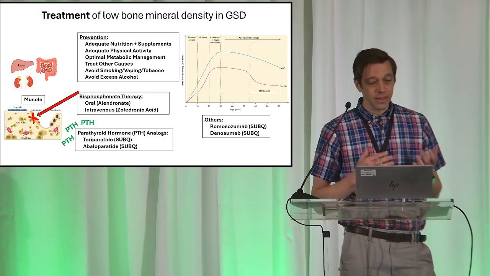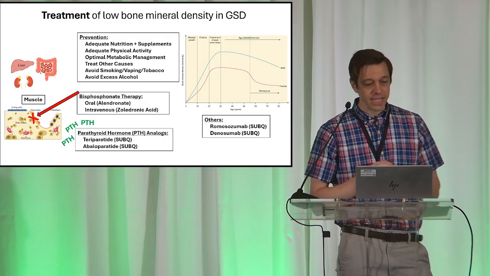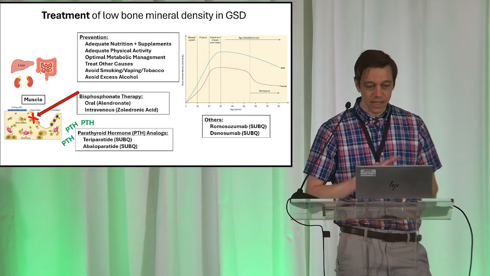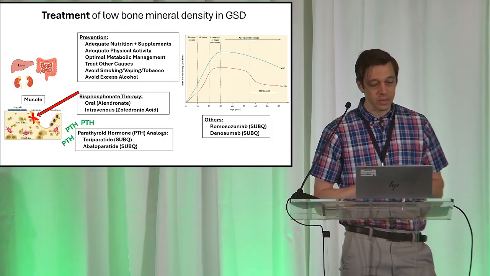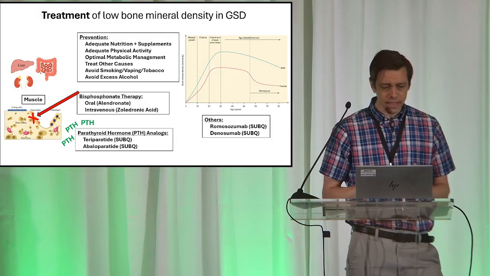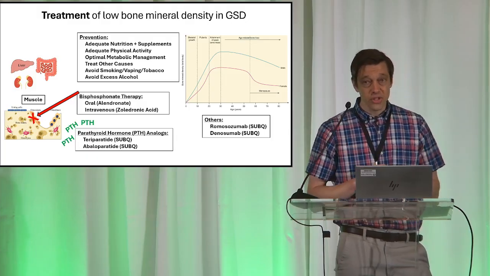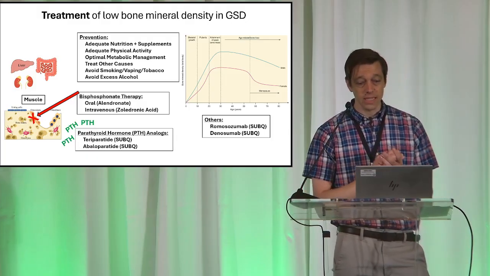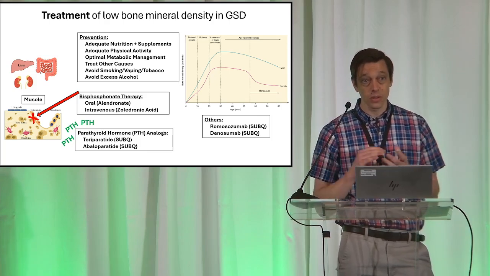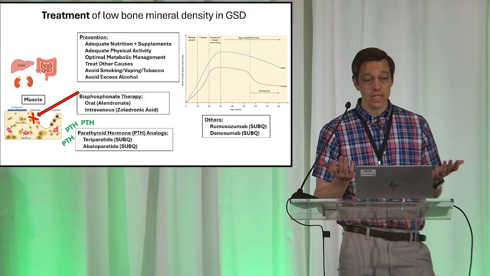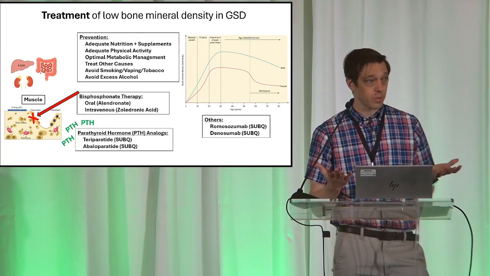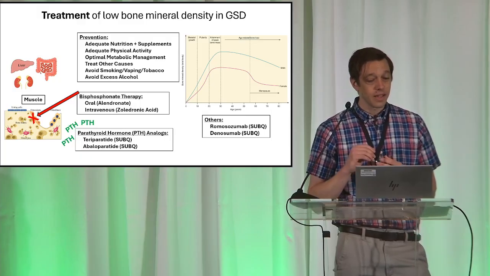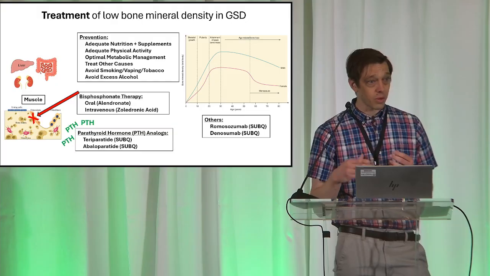And then, other healthy practices, minimizing smoking, vaping, tobacco, excess alcohol, all of these things are going to play a role as well. And so, in children with low bone mineral density, if we got a DEXA scan in a 12-year-old, we may not necessarily need to move on to bigger guns, so to speak, than just these supportive measures, because we know that they have bone growth ahead of them.